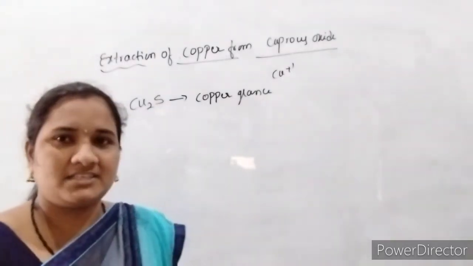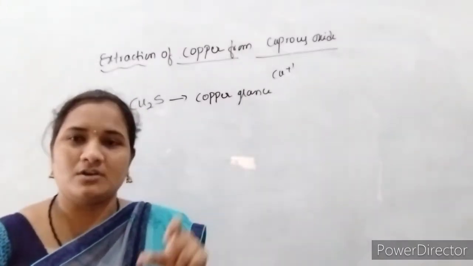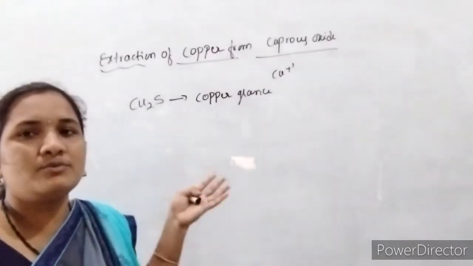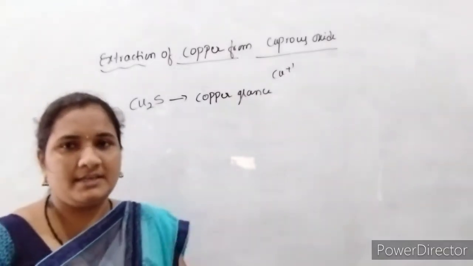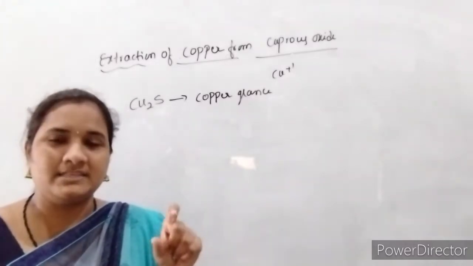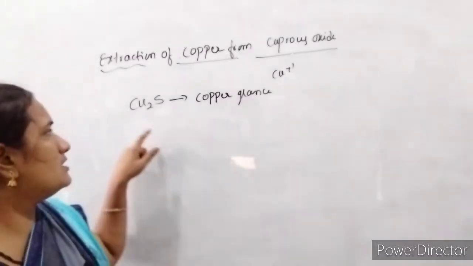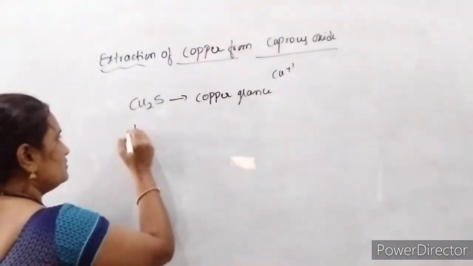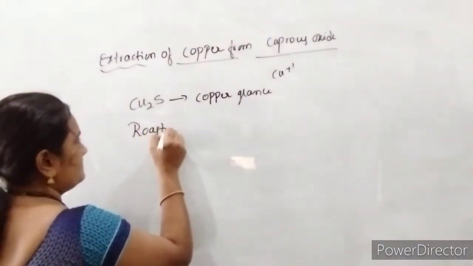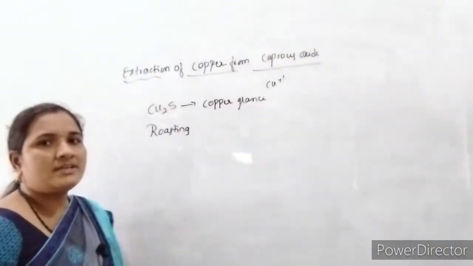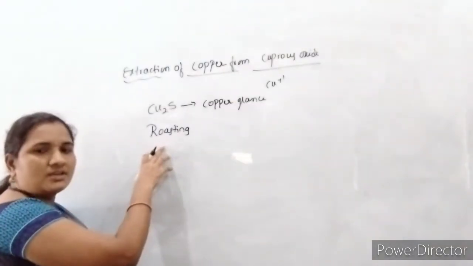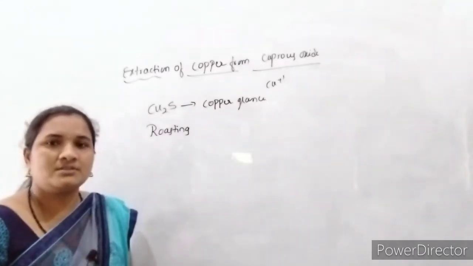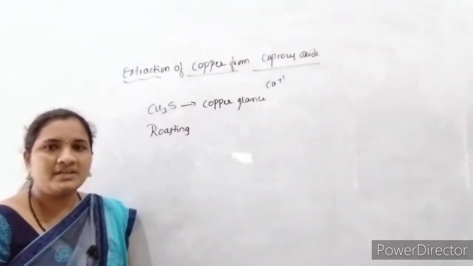During any extraction, firstly we have to do the concentration of the ore, to remove some of the impurities present in it. Next we have to go for calcination or roasting. Here this ore contains sulfide, so instead of calcination we are going to do roasting. So the copper sulfide ore is to be roasted. Roasting is the heating of the metal ore in the presence of a continuous supply of air before its melting.